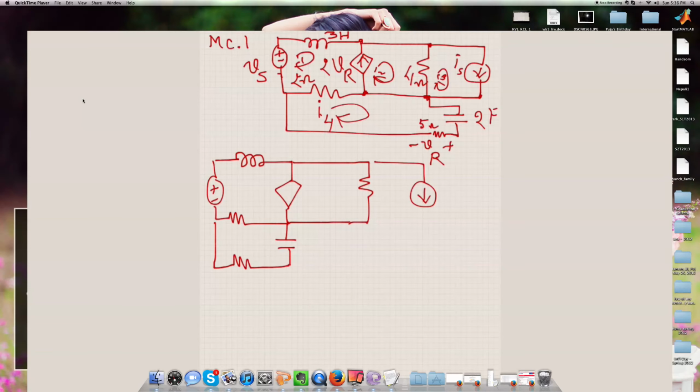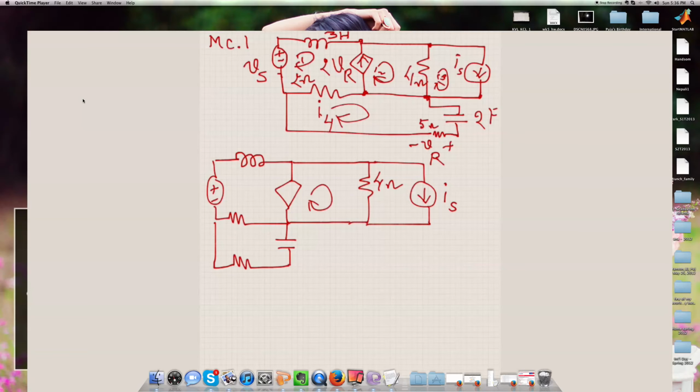So this is what we see happening in this circuit. One of the big deals about circuit analysis is to consider simplification as much as we can. That will be a good way to go.